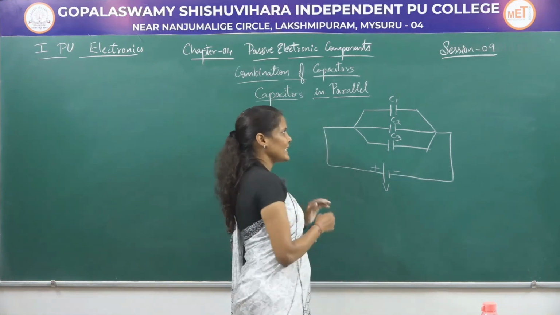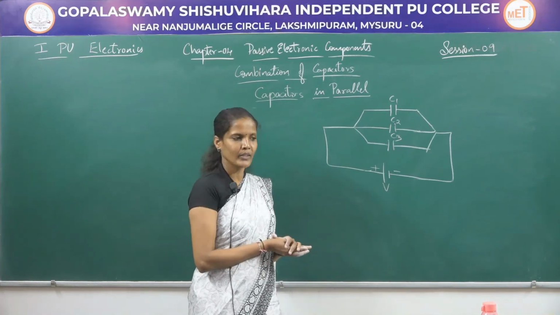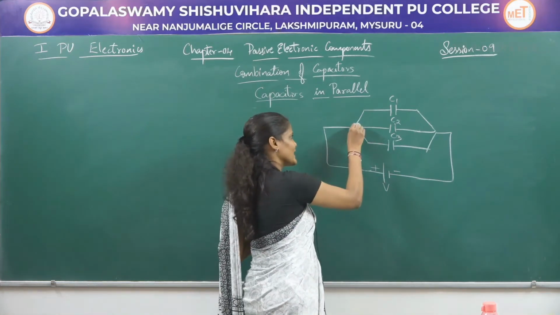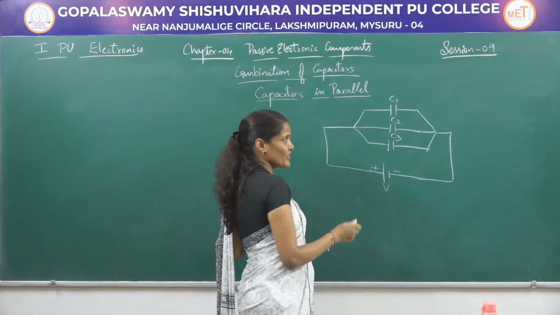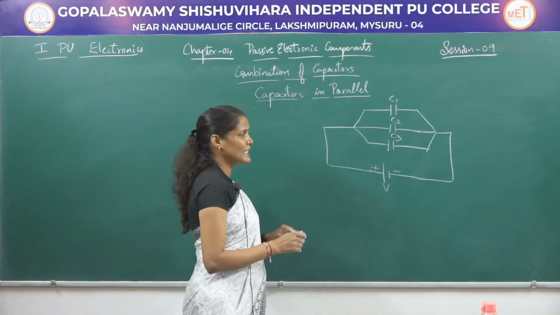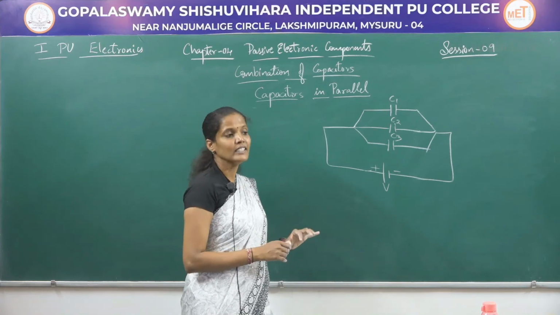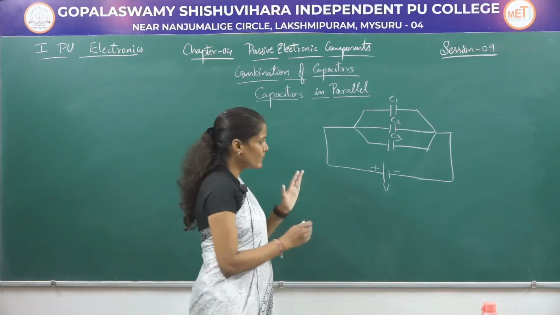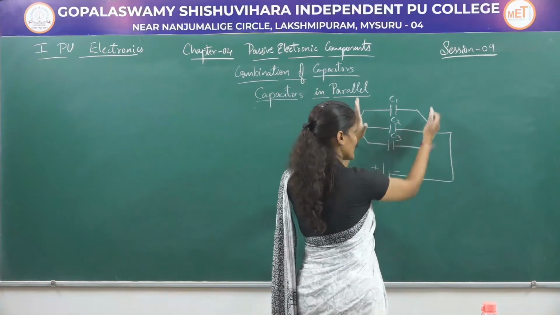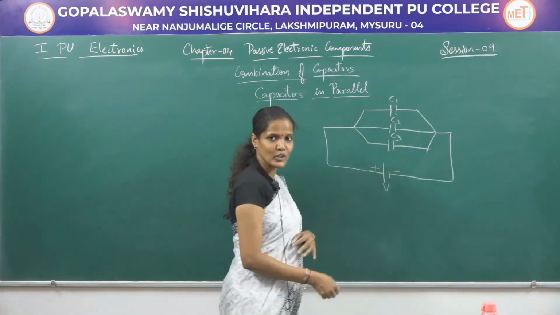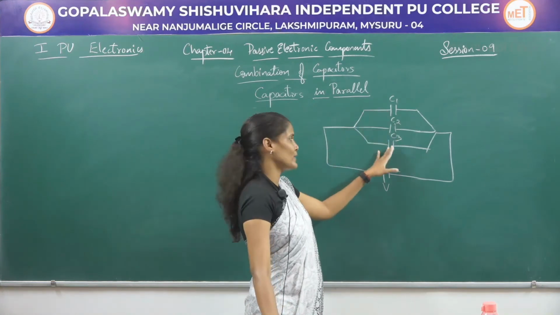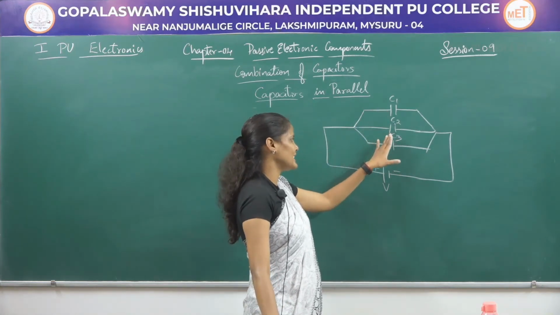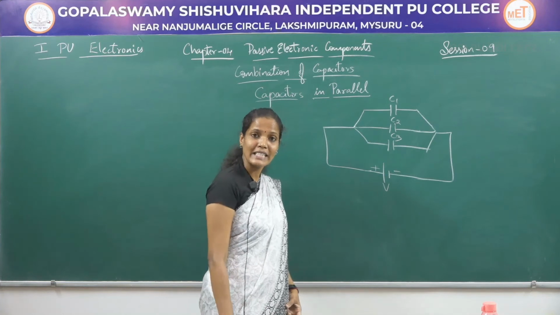Here, since these capacitors are connected in parallel, as soon as the current reaches this point, the current will take three different directions. So in the parallel combination, the current will vary, but the voltage across each of these capacitors will remain the same. That is, the voltage across C1 is the same as the voltage across C2, and it is again the same as the voltage across C3.